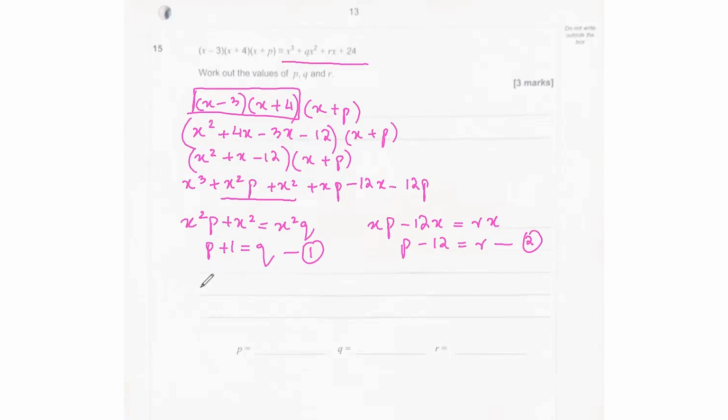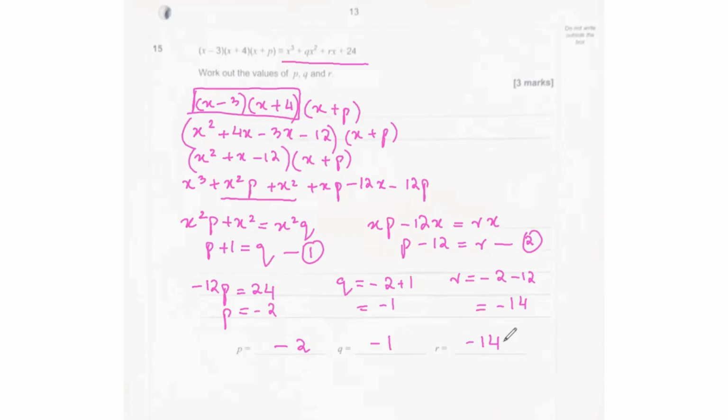And negative 12p is equal to 24, which means p is negative 2. So we have the p value. We can find the q value. q is negative 2 plus 1, that's negative 1. And r is going to be negative 2 minus 12, which is negative 14.